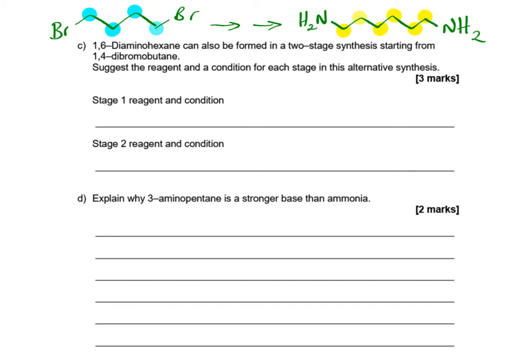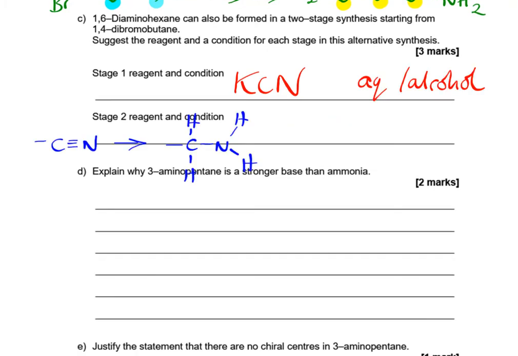So we'd use KCN, and this introduces 1 more carbon onto the chain at each end. And the reagent and conditions, so we want aqueous alcohol. And then for stage 2 we're going from the nitrile to the amine, so hopefully we can see that we've bombarded it with hydrogen. So this is the reduction using hydrogen, probably with a nickel catalyst.